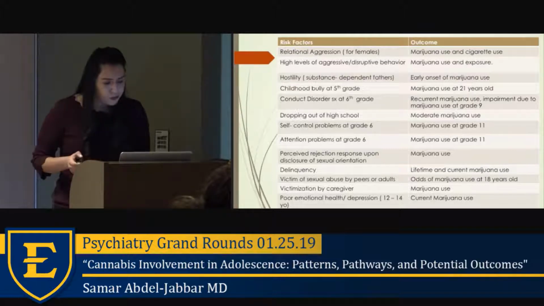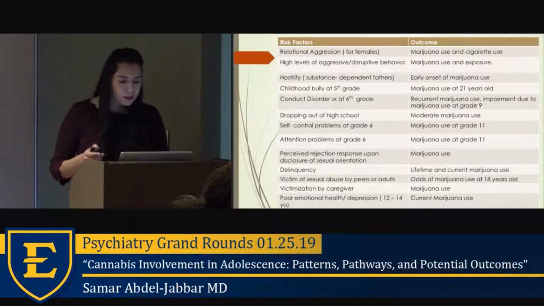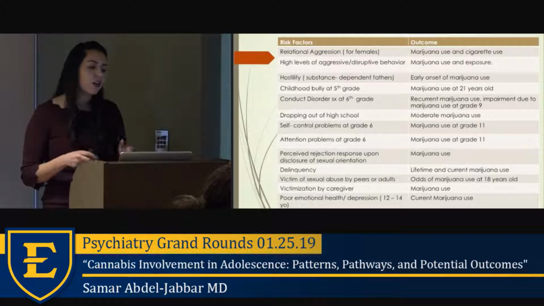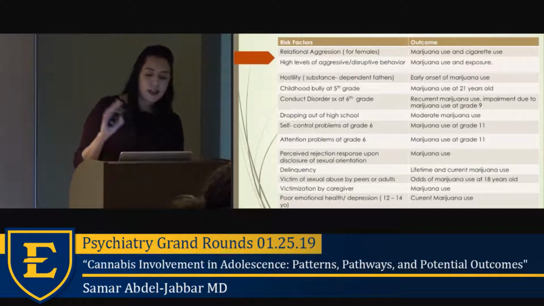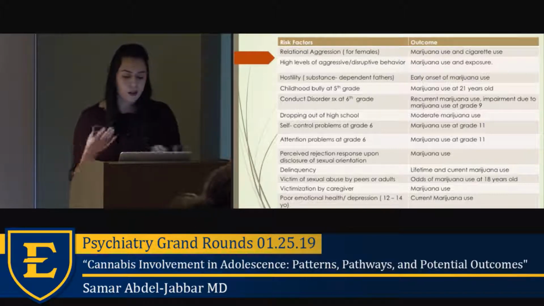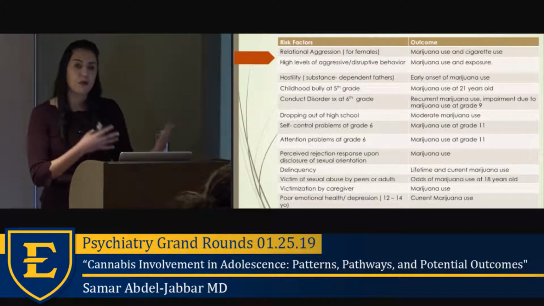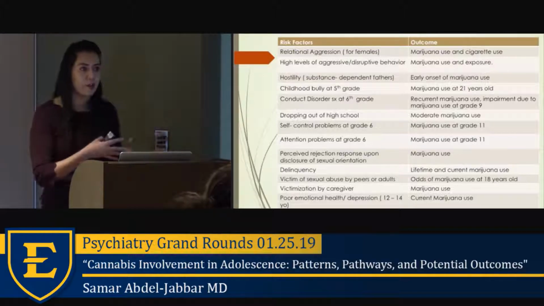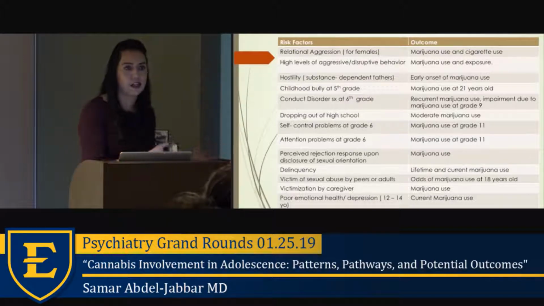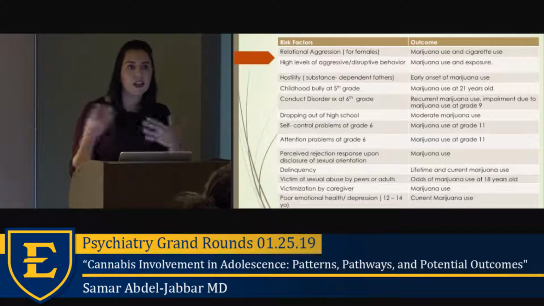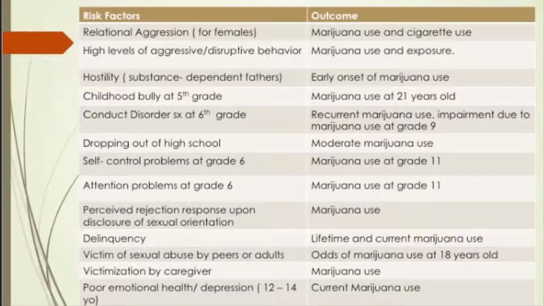School dropout also can lead to possibly moderate marijuana use. And here, this was interesting because there are some studies that showed that not only could marijuana lead to dropping out of school, but there's also a question: is there a low education already, pre-existing prior to marijuana use, and then marijuana use kind of highlighted that, and therefore there was that dropout.